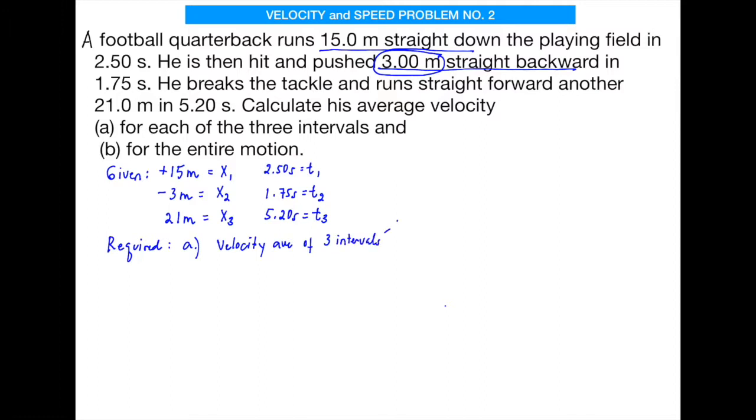So we can have the first interval, then the second interval, then the third interval, and letter B, still average velocity of the entire motion.